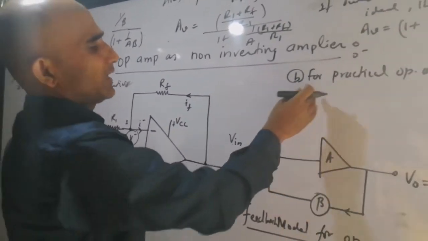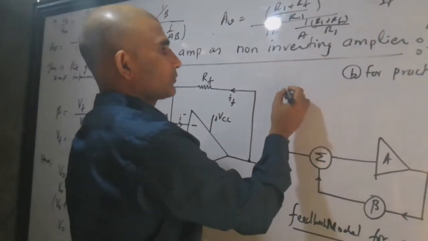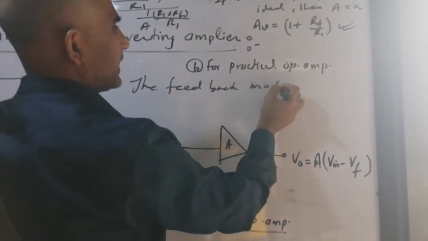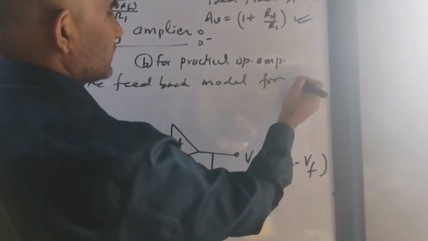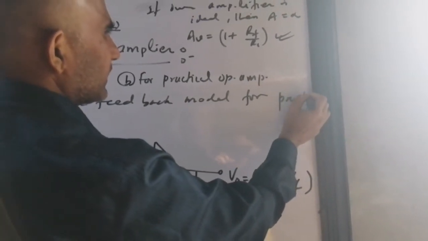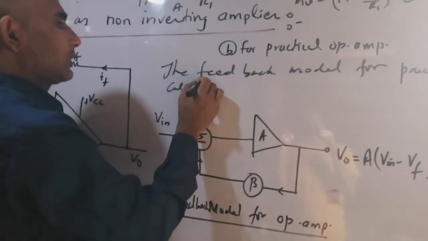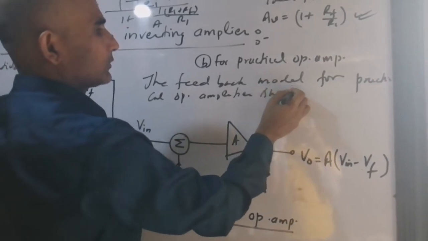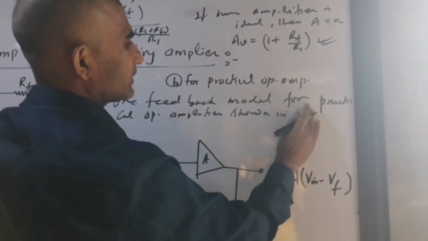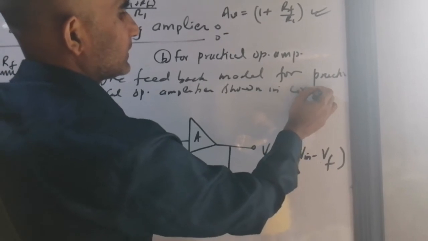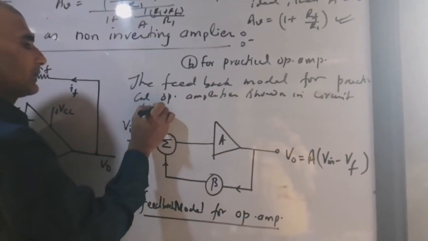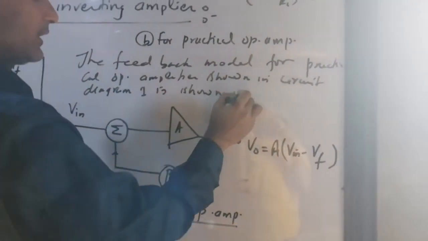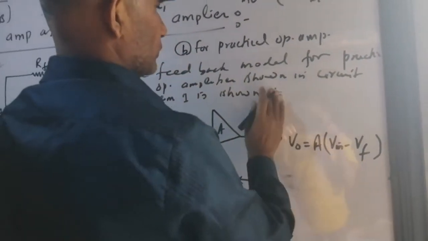And here we can also write some language. So the feedback model for the practical operational amplifier is shown in circuit diagram 1, which is shown below.